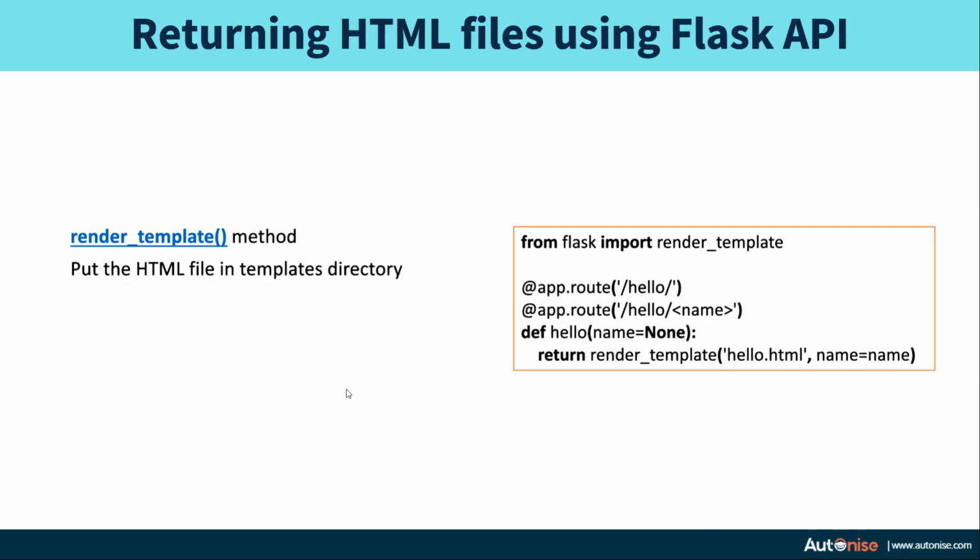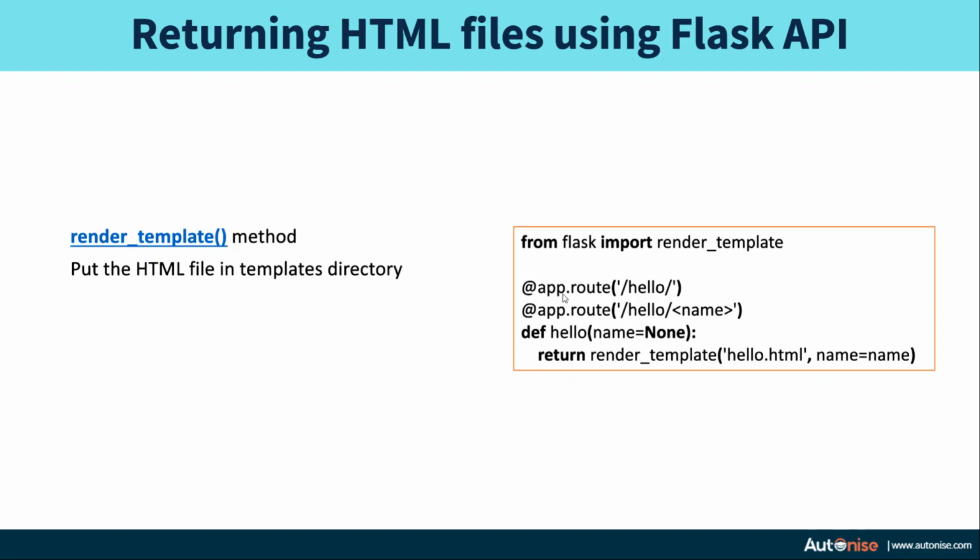So now that we have learnt how routes work in Flask, we can send an HTML file as a response to a request. You can also specify multiple routes to the same function.